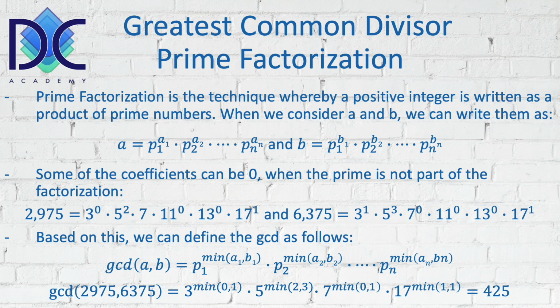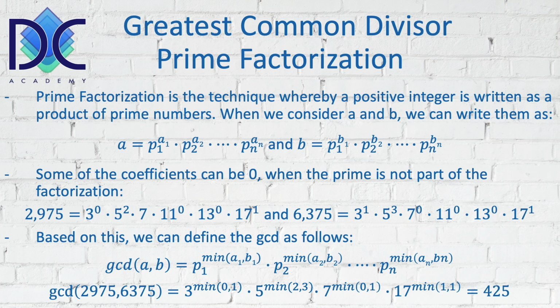So when we have the greatest common divisor, we can say that the greatest common divisor between 2975 and 6375 is 3 to the power, the minimum of the powers of 3, which are for A 0 and for B 1, multiplied by 5 to the power, the minimum of 2 and 3.